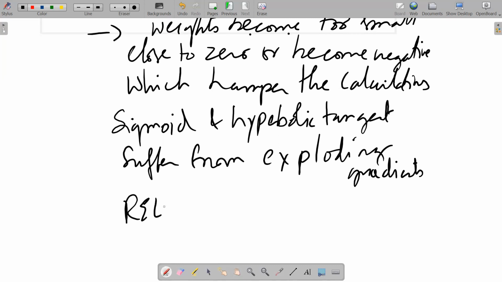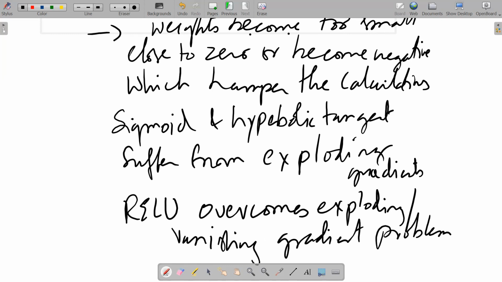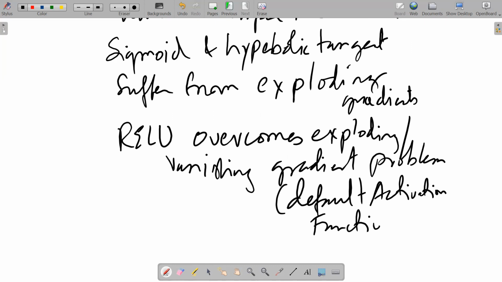So ReLU overcomes the exploding or vanishing gradient problem. If you are looking at ReLU, it is the default activation function. In most deep learning software, ReLU is the default activation function. So ReLU overcomes this problem.